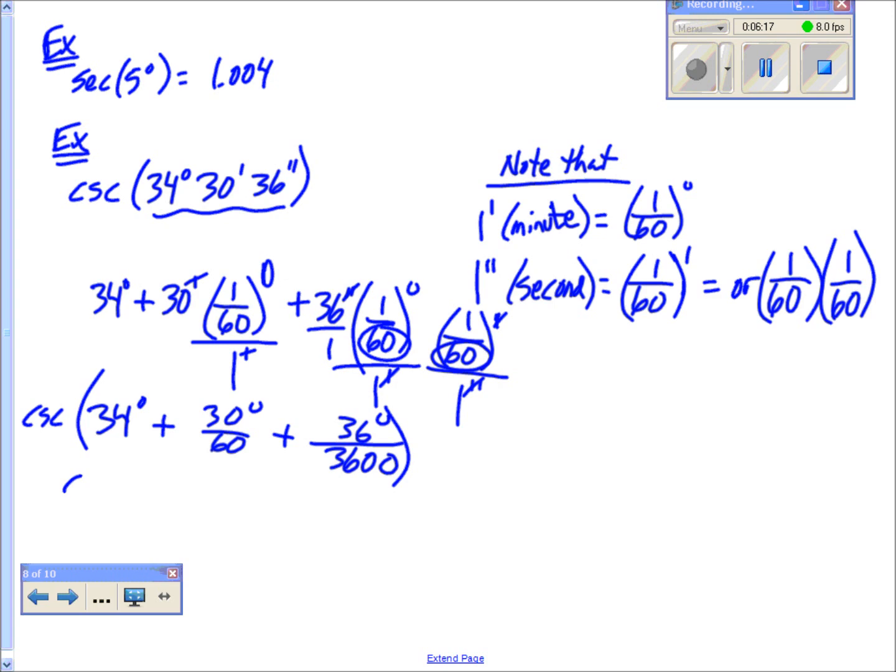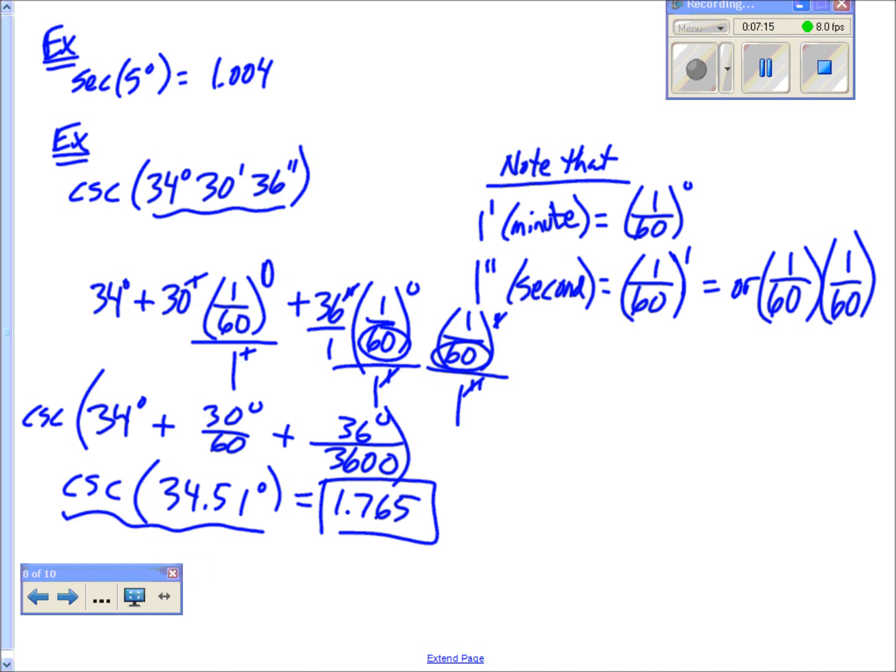So the cosecant of 34 degrees, 30 minutes, 36 seconds is 1.765. And if you get to this point and you don't have a cosecant on your calculator, just punch it in this way: 1 over the sine of 34.51 degrees. Again, make sure that you are in degrees. Make sure you can get that on your calculator.